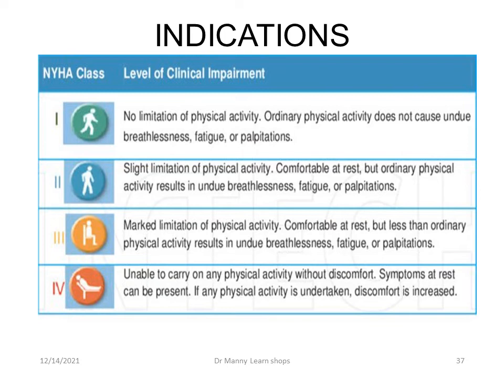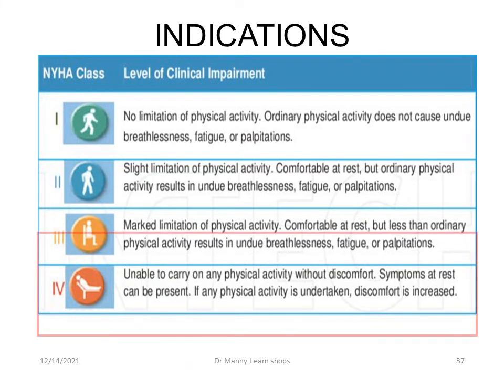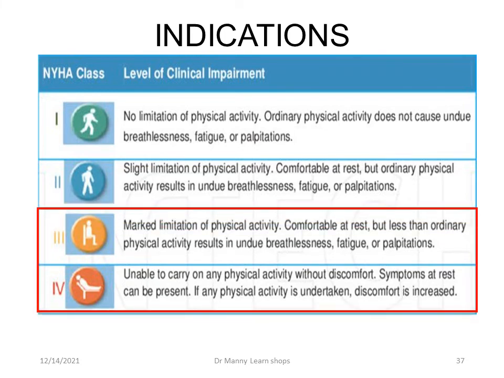The symptoms at rest can be present, so you're not doing anything, and you're short of breath, fatigued. If any physical activity is undertaken, the discomfort gets worse. The New York Heart Association classes level of clinical impairment. They're the ones, 3 and 4, that are indicators for potential cardiac transplant.